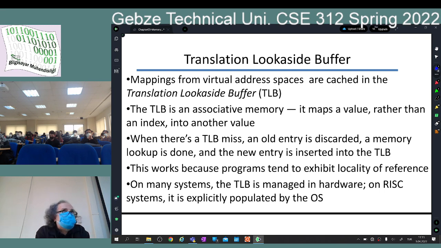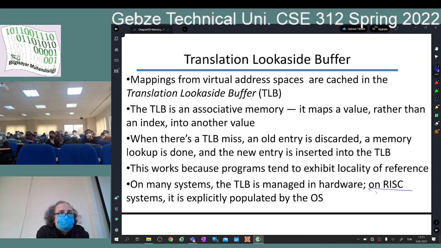Hardware handles the TLB, but for RISC machines, as the philosophy of RISC implies, it says that I am not going to handle any algorithms in hardware as long as they are not critical. Instead, I am going to give you lots of space, cache space, lots of registers, and you handle everything in software by the operating system.